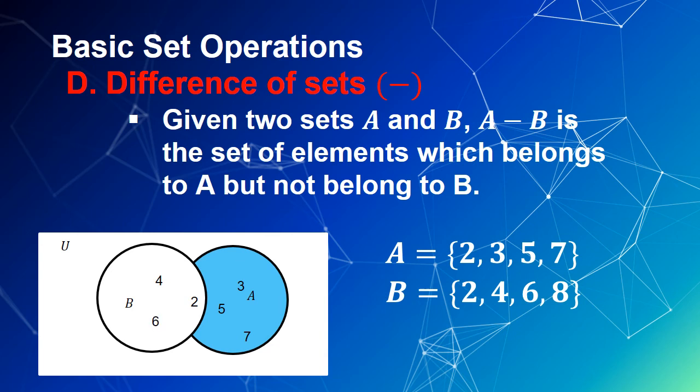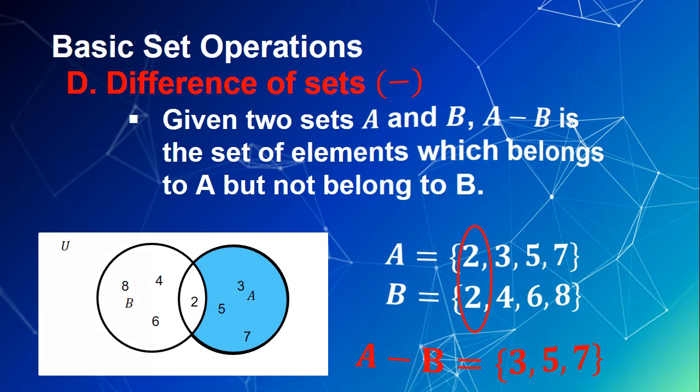So when we say A minus B, we're going to look for the elements present in A but not in B. What are those elements found in A which are not found in B? Those are 3, 5, and 7. So 2 is not included because 2 is also present in set B.